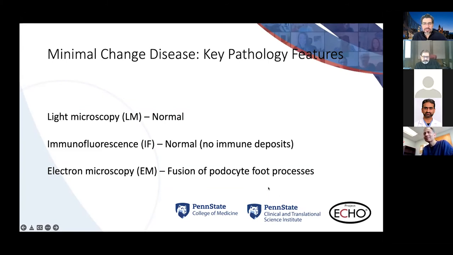Probably not, because we have very robust data for prednisone, and I'm sure all of us have experience treating this condition. So key pathology features: light microscopy is normal, immunofluorescence is normal, and EM shows diffuse podocyte foot process effacement.